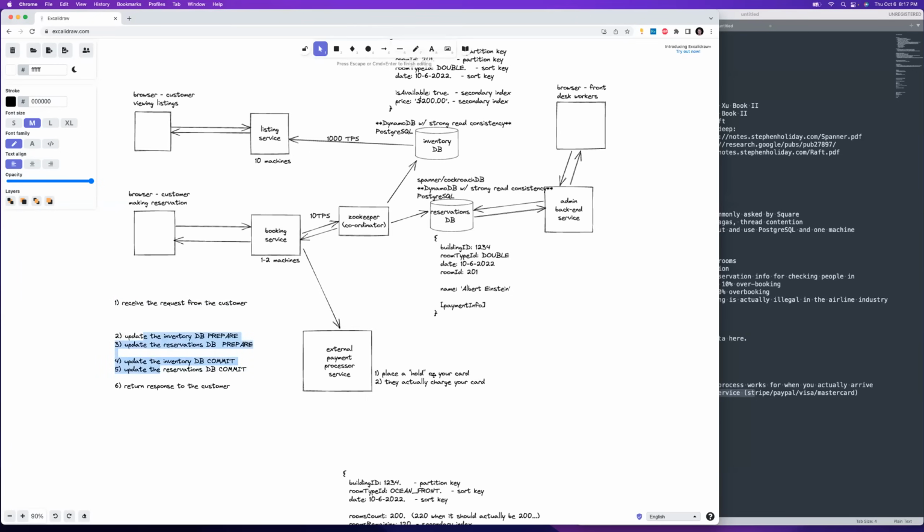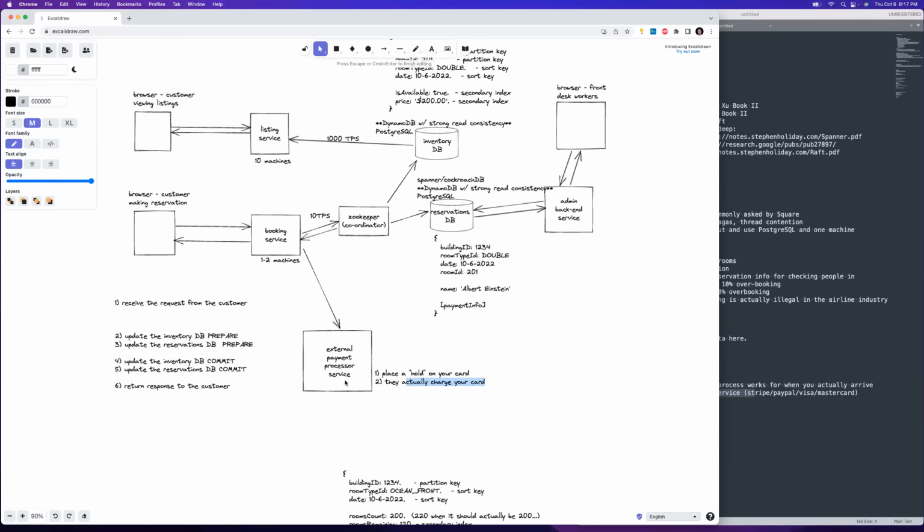I hope that the hold has a timeout to it. I haven't done a deep dive on how this actually works, but it looks like it would be a little bit like a two-phase commit, where this is like locking a record, the prepare phase, and then this one's the actual commit phase where it does the charge.